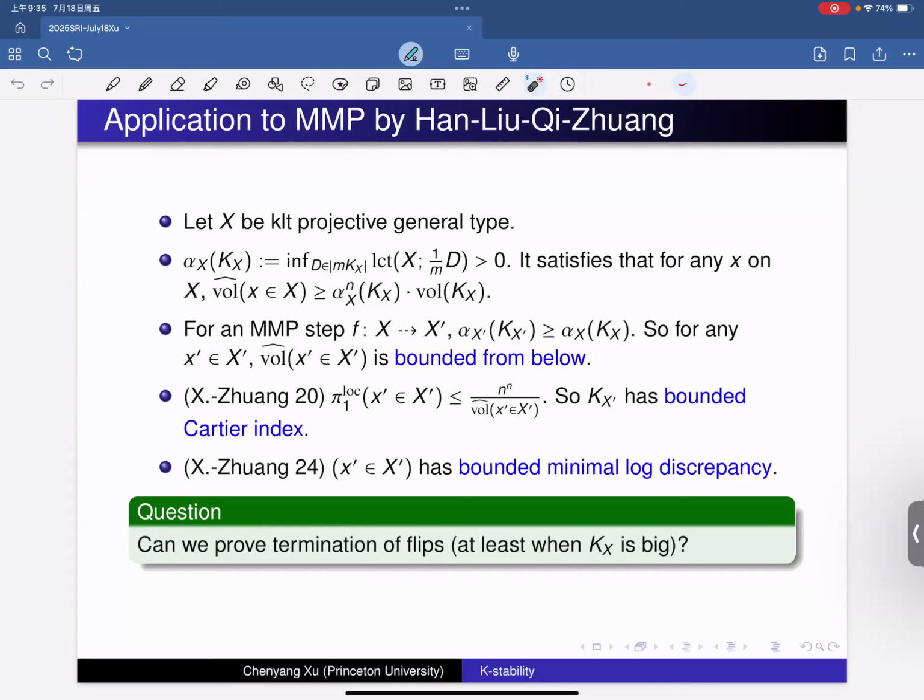So this beautiful work really connects the study of K-stability with the minimal model program, and the connection is quite nice. And here I pose a question: can we prove the termination of MMP just using these techniques, at least in the case when Kx is big?